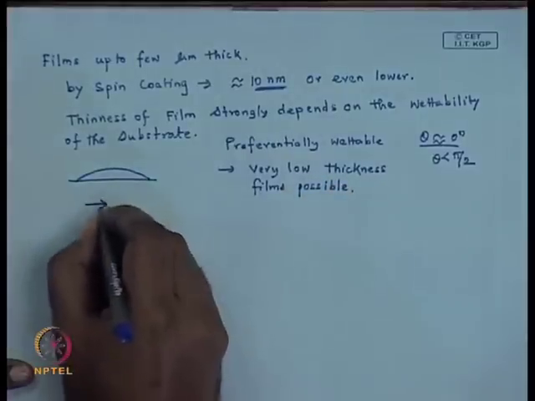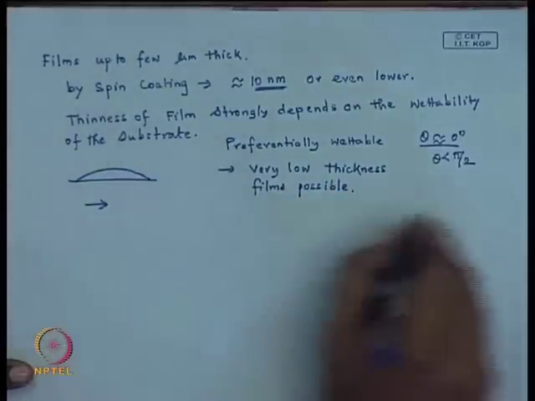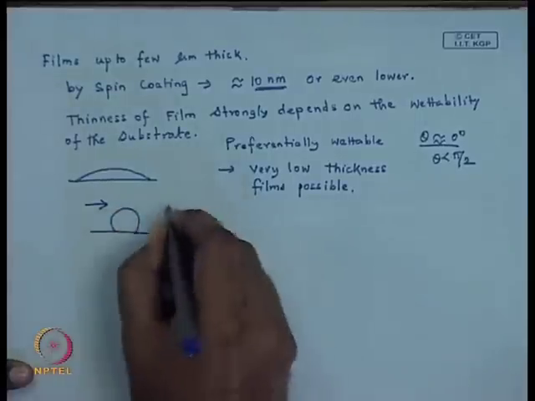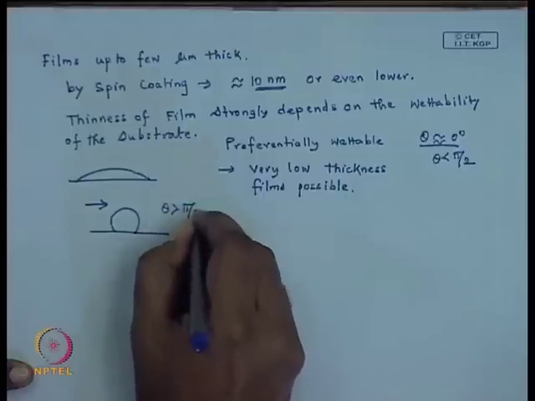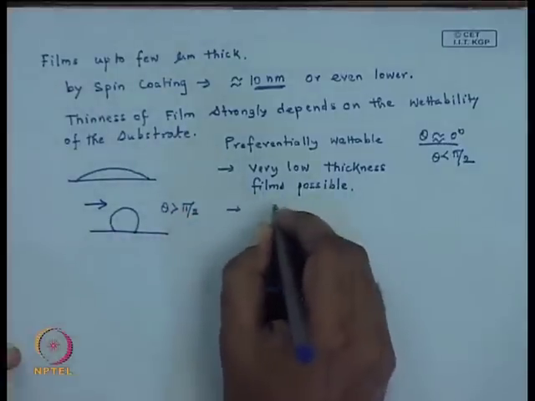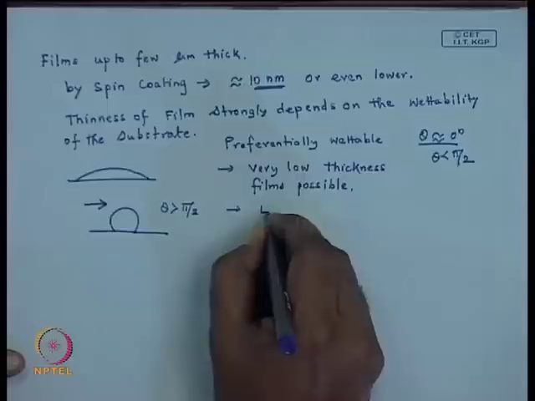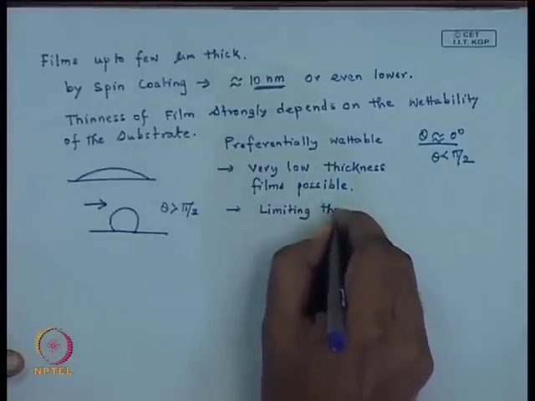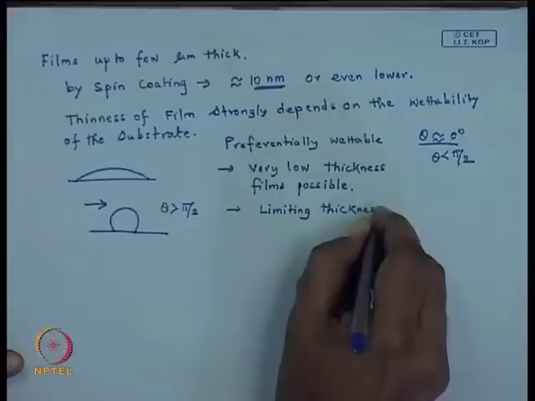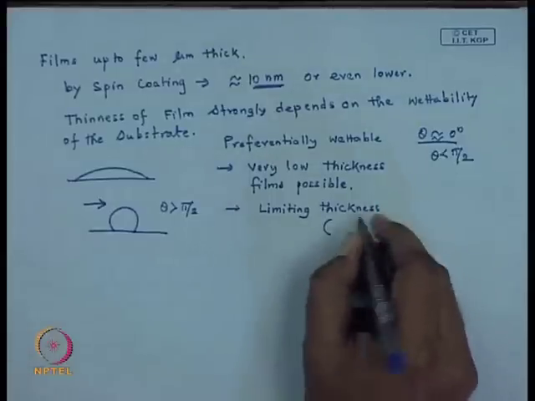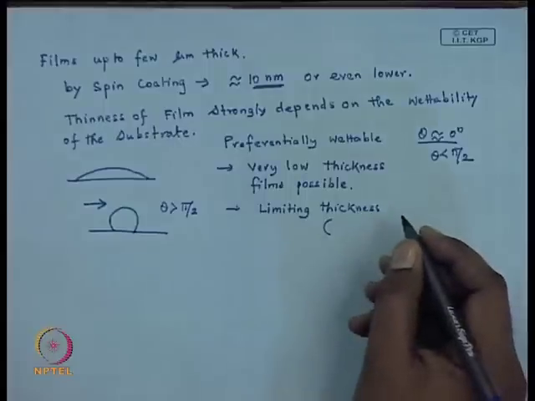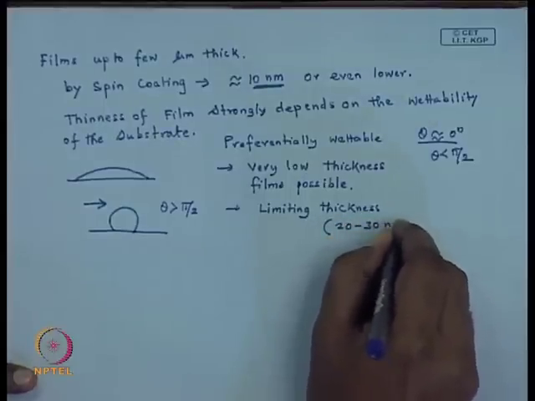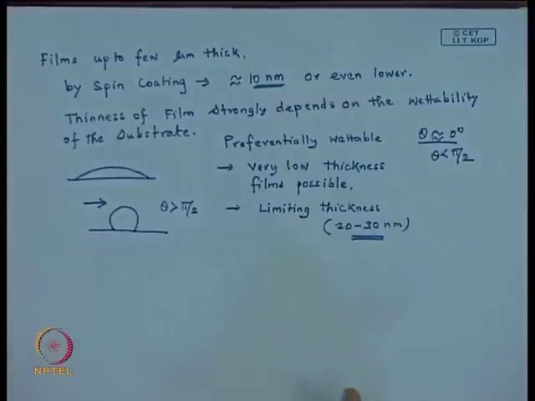In case it is not preferentially wettable, let us say theta is greater than pi by 2, probably there is a limiting thickness, which, depending on the choice of the polymer, choice of the molecular weight, etc., can be let us say 20 to 30 nanometer. You probably can't get a film thinner than this thickness.